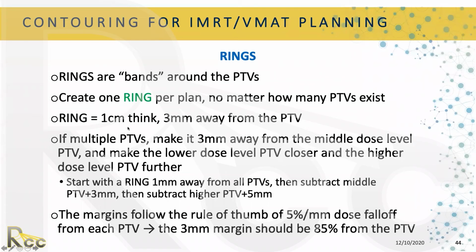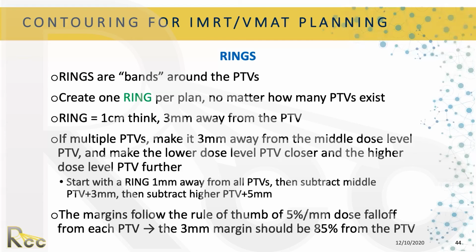What we normally do is the thickness is 1 centimeter, and we do it 3 millimeters away from the PTV. So if you have multiple PTVs, make it 3 millimeters away from the middle dose level PTV, and make the lower dose level PTV closer and the higher dose level PTV farther, because the farther, you know, it's going to get more dose, so you don't want to interfere with that.